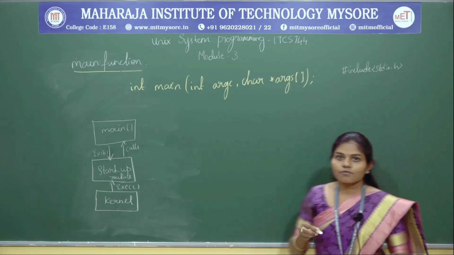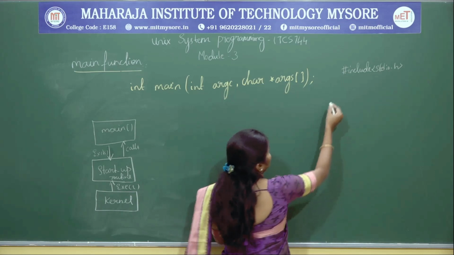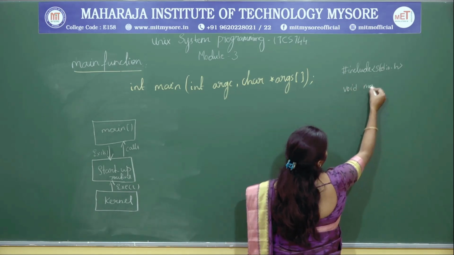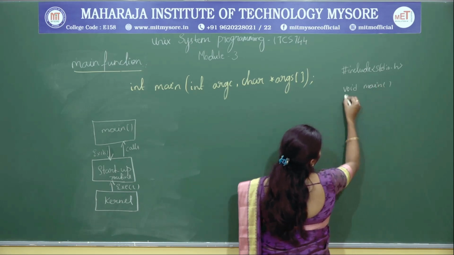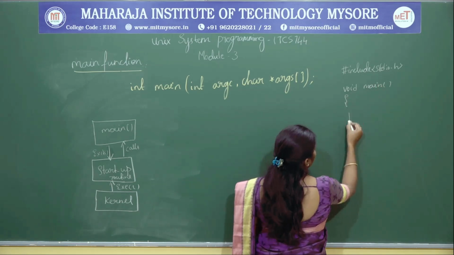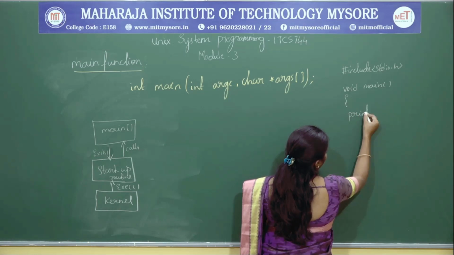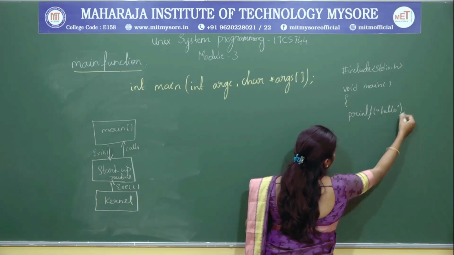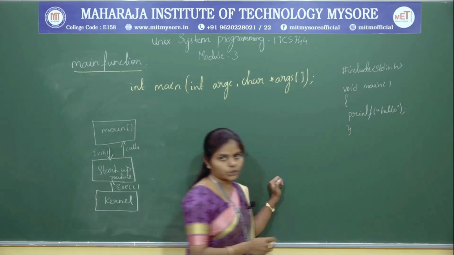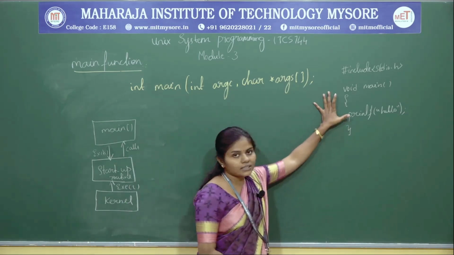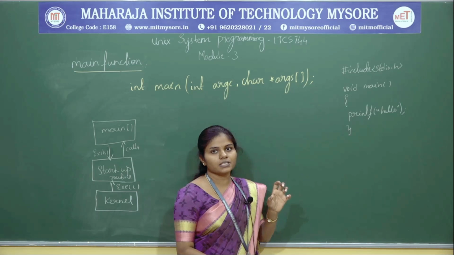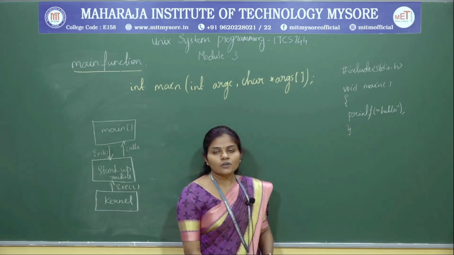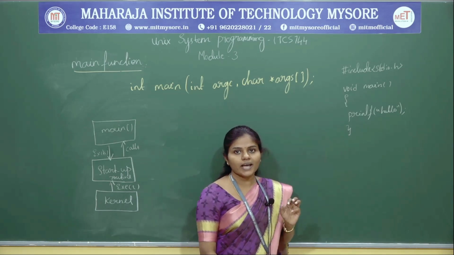Then we are going to give the statement void main, and then you are going to write any statement, that is printf hello, right? So this is how you write the main function. When you run this program, this is a simple C program that displays the hello information. So when you run this program, what happens?